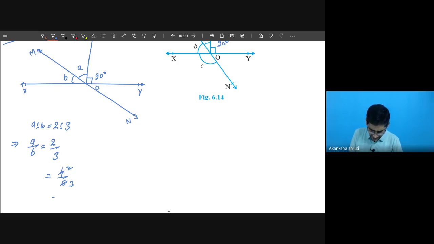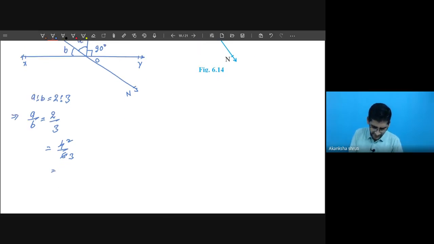We can also take, say, the numerator as 6 and the denominator as 9. Can we take this or not? Yes, we can, because again cancelling the 3, it is in the ratio of 2/3.